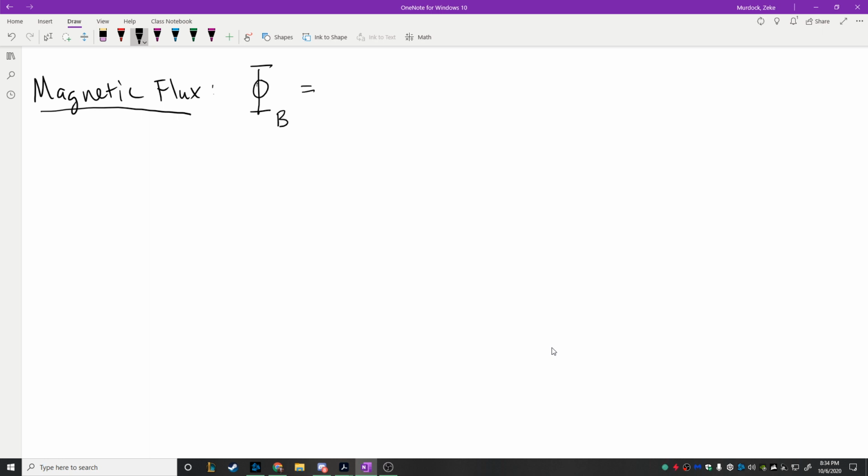In general, if you have a uniform magnetic field and a somewhat uniform flat surface, magnetic flux is defined as the magnetic field dot product with area, which means it's equal to B times the area times the cosine of the angle between the two of them.